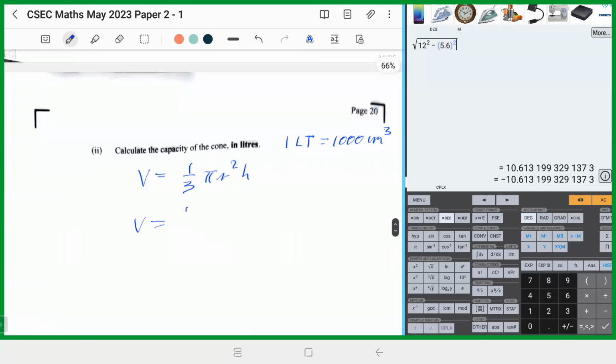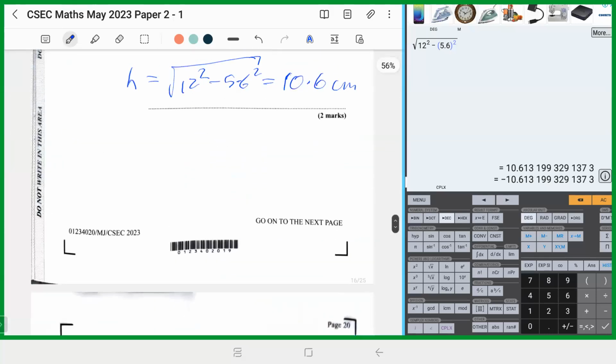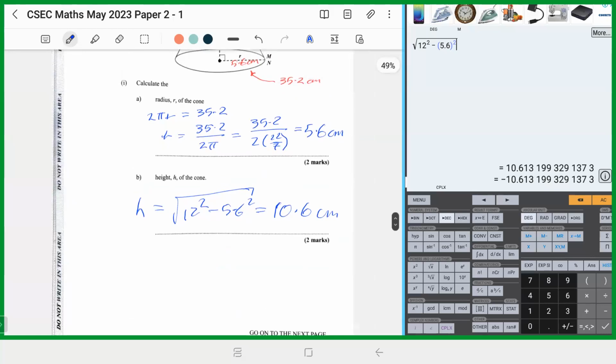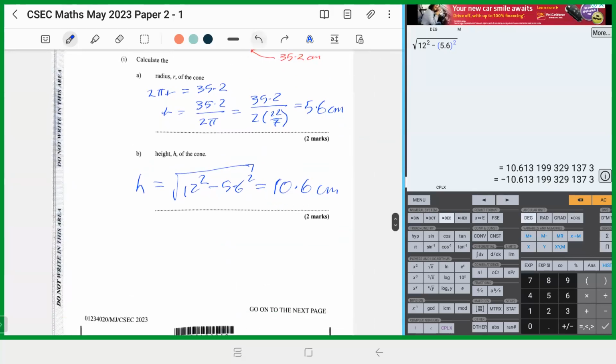So the volume becomes 1/3 times pi, which is 22/7, times r squared, where r is 5.6, times h, which is 10.6.